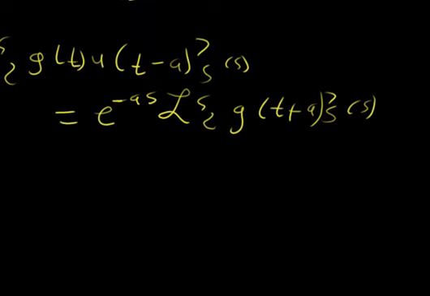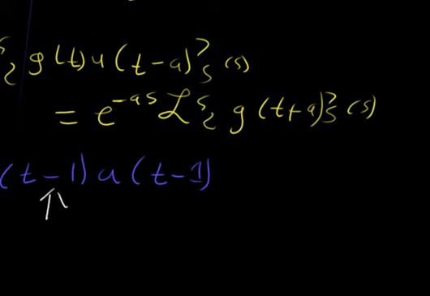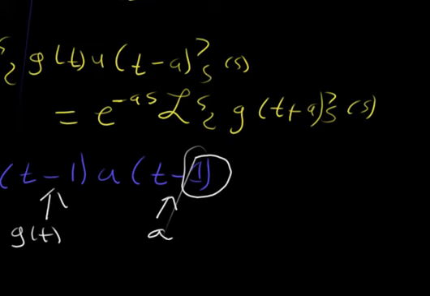So the Laplace transform of the first one is t minus 1, u(t minus 1). Well, looking at it, let me use a different color, that's easier. So this is the g of t, and this value in fact is the a value.